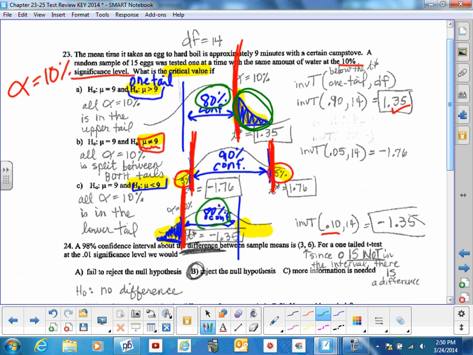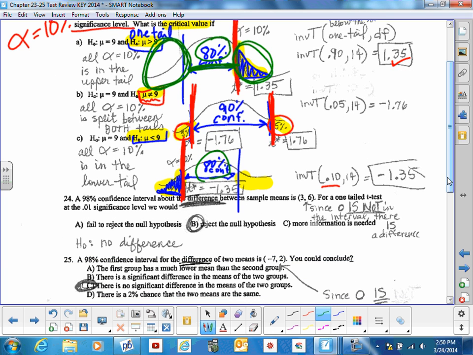So by symmetry, you have the other 10% in the lower tail, leaving 80% in the middle. Okay? But since on part B, the 10% is split between here and here, that's a total of 10% between the 2 tails, giving you 90% in the middle. So that's a 90% confidence. Okay. Questions there?